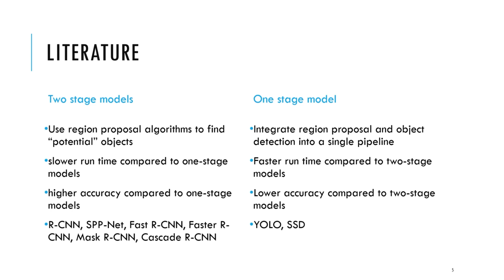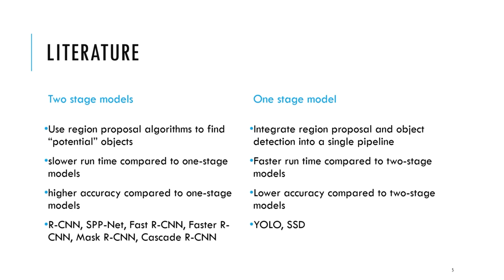For one-stage models, what they did is that they combined the region proposal algorithms, the process of finding potential objects in the scene, with the object detection itself into a single pipeline. So a deep learning algorithm passes on a frame one single time per frame, and it tries to find the potential locations of the objects, and it also identifies the labels of the objects or which classes they belong to.